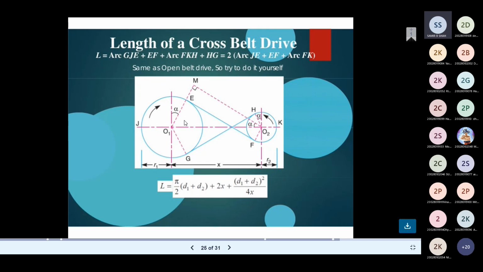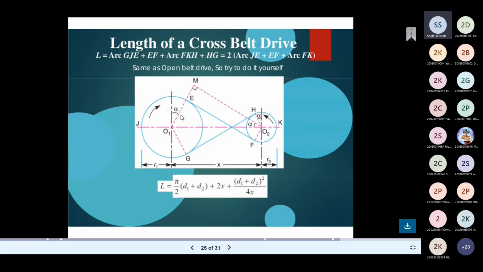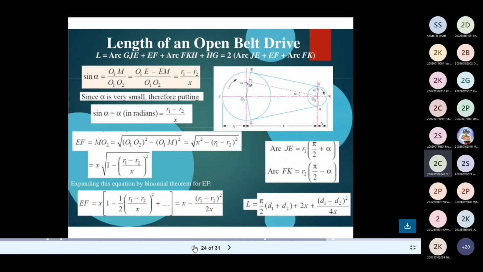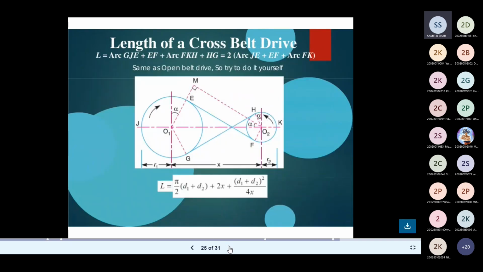Only this is the minor difference. So what happened here? You can see in the previous open belt drive, we extended this line here, but it is not possible in the cross belt drive.